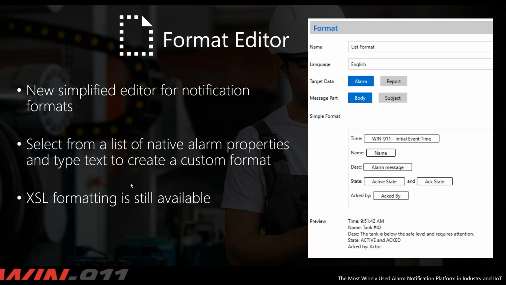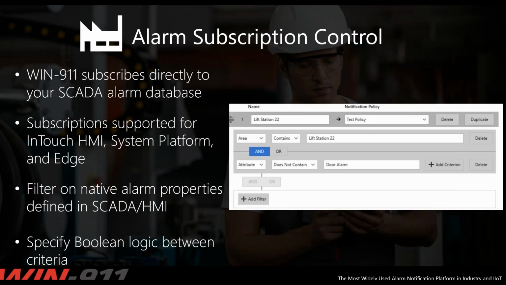And this is a really big improvement, which we believe made the formatting much easier for you all and for customers. Next is the alarm subscription control. So WIN-911 subscribes directly to your SCADA alarm database, and this does not require you to import a separate set of tags, which now eliminates the need to maintain two separate databases. You can subscribe in and use a set of filters to let the software know what alarms it needs to monitor.